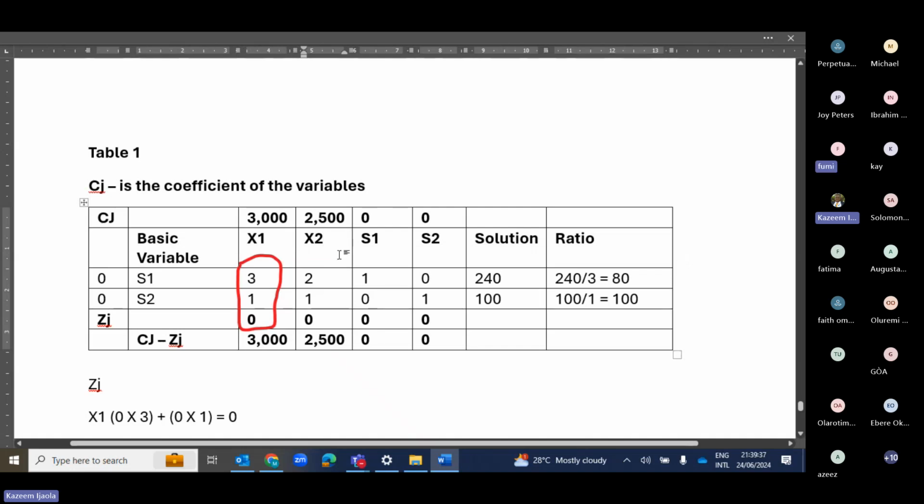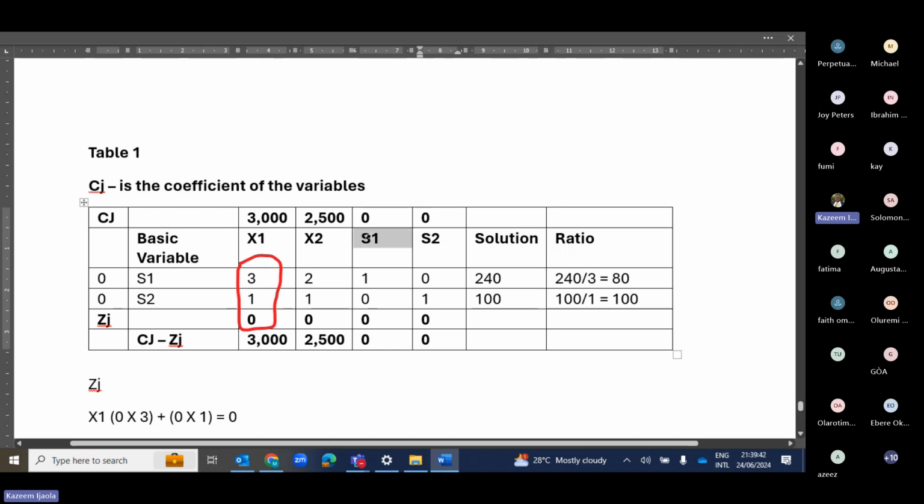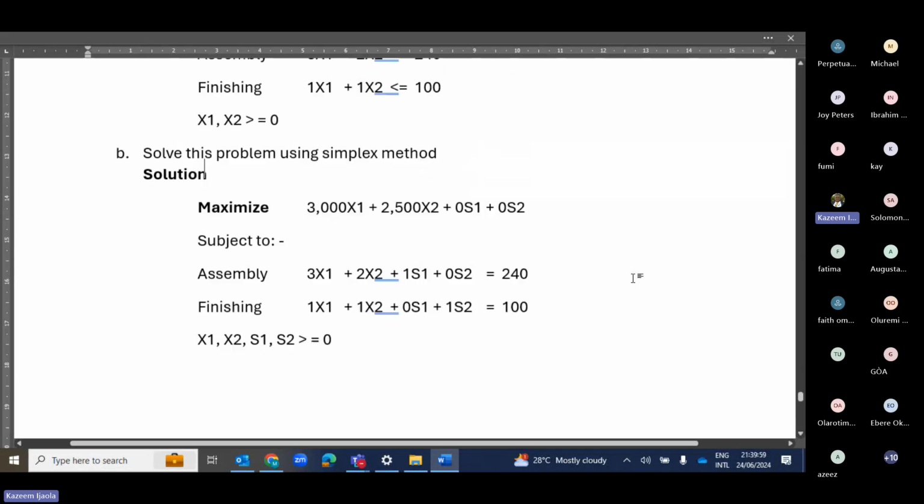So before you can maximize one of S1 and S2, you need to eliminate one of them. How do you know which one you are going to eliminate? You will check which one gives you the lesser value here. Whichever one gives you the lesser value is the one you are going to eliminate. So out of 100 and 80, you agree with me that 80 is the lesser value.